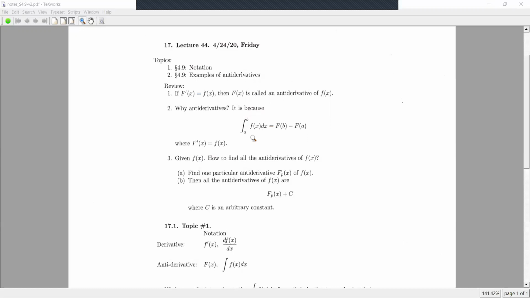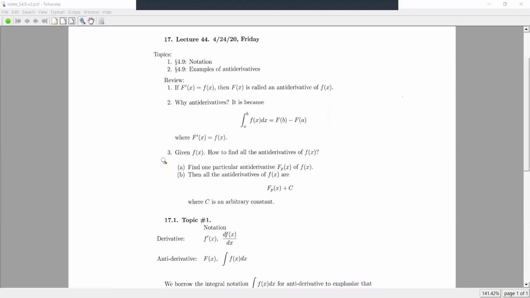To compute an integral, we need to find one antiderivative of the function little f. Then this integral is equal to the antiderivative capital F evaluated at the point B minus capital F evaluated at the point A.